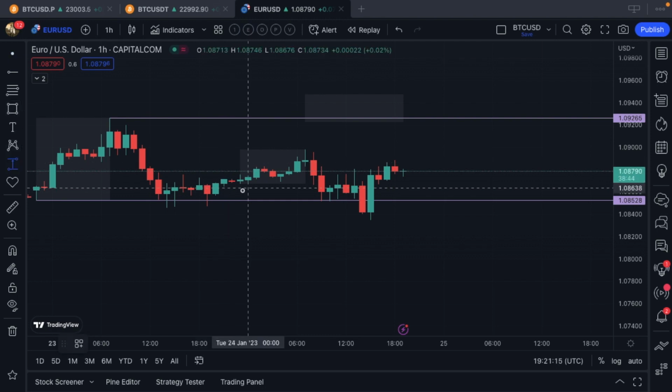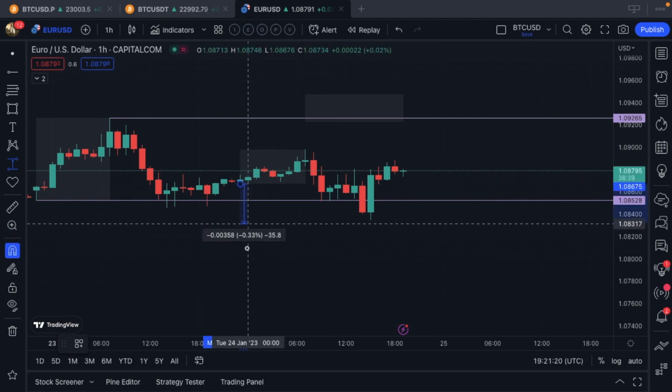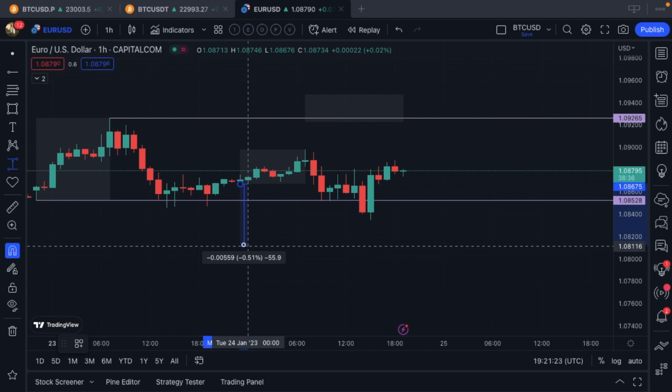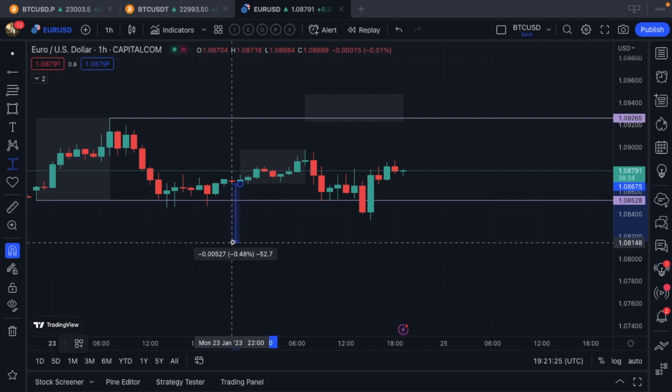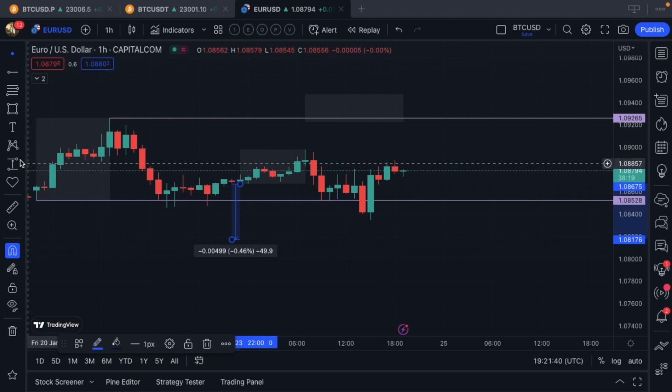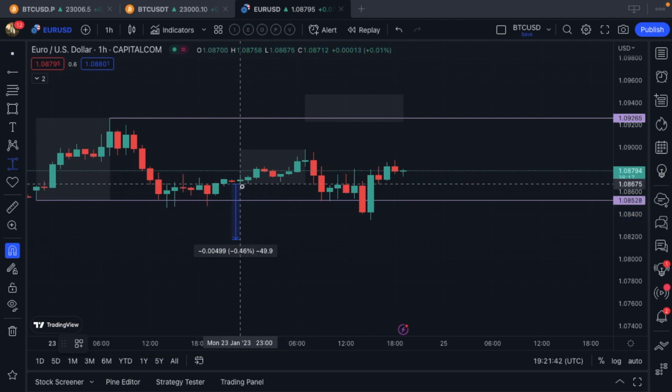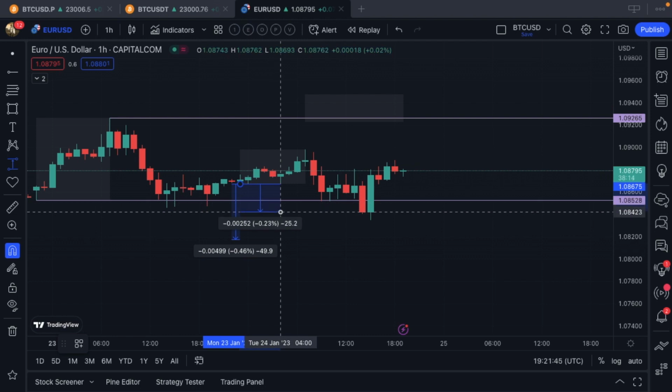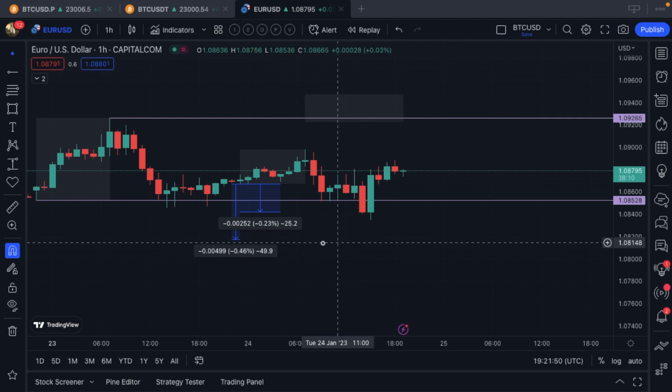Then we're going to do the exact same thing from the low. You're going to mark out 50 and 25, as close as you can get it.